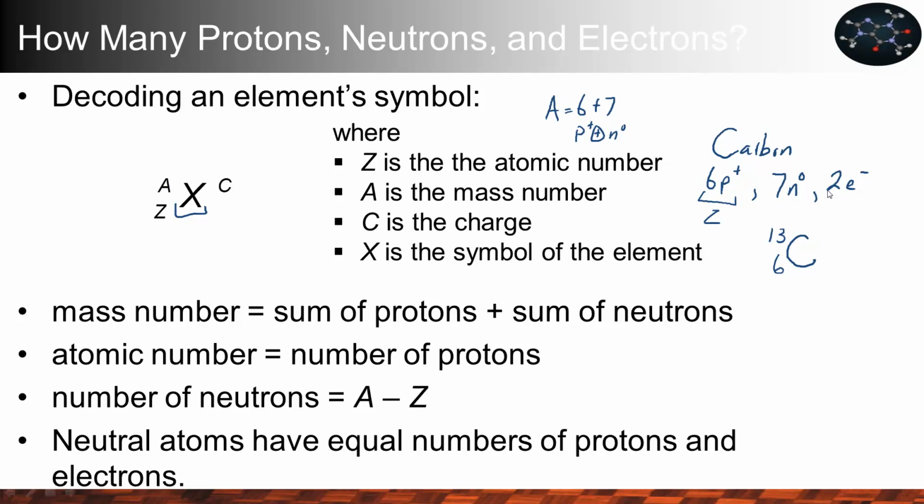And the number of electrons is 2, so we figure out the charge as the number of protons minus the number of electrons. So that means we have 6 minus 2, plus 4. So we put a plus 4. And that's how we'd specify a carbon atom with 6 protons, 7 neutrons, giving it a 13 total in the nucleus, and 2 electrons, meaning that the 6 protons minus 2 electrons gives it a charge of positive 4.